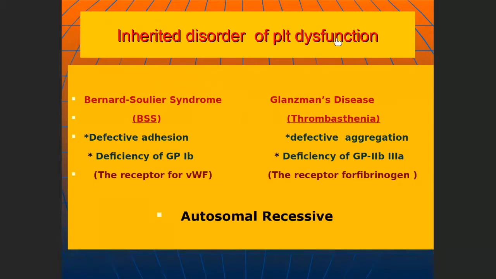Inherited disorders of platelet function or platelet dysfunction. We will briefly discuss two types of inherited platelet dysfunction. These are the Bernard-Soulier syndrome, BSS, and Glanzmann's disease or thrombasthenia. Bernard-Soulier syndrome is a disorder of platelet adhesion.